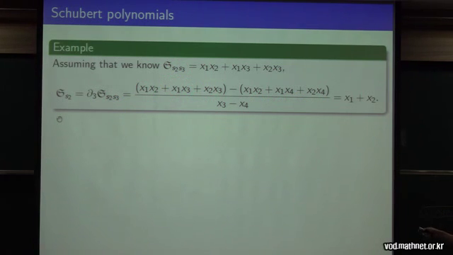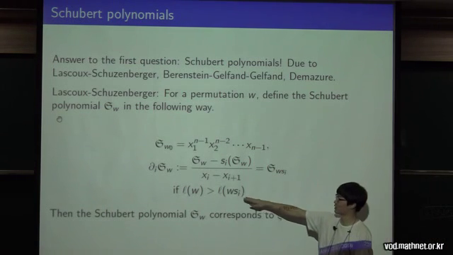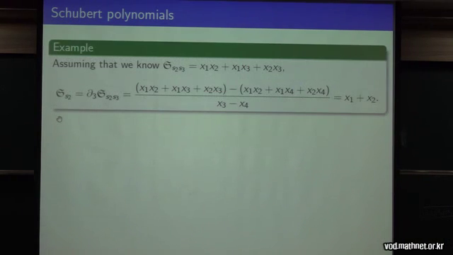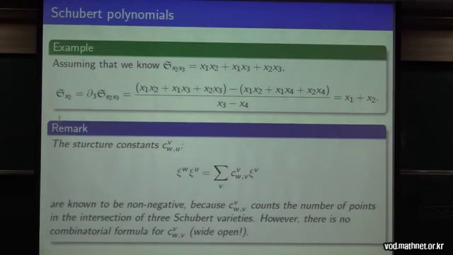In this case there's no x4, so replace all x3 by x4, then divide by x3 minus x4, and you can show that this is actually a polynomial because x1, x2 cancel out. x1 x3 minus x1 x4 divided by this is x1, and so on. That's the way to compute. You start from the largest polynomial and follow this order to recursively define all the Schubert polynomials. And that's the answer to the second question, and the last question is actually open.